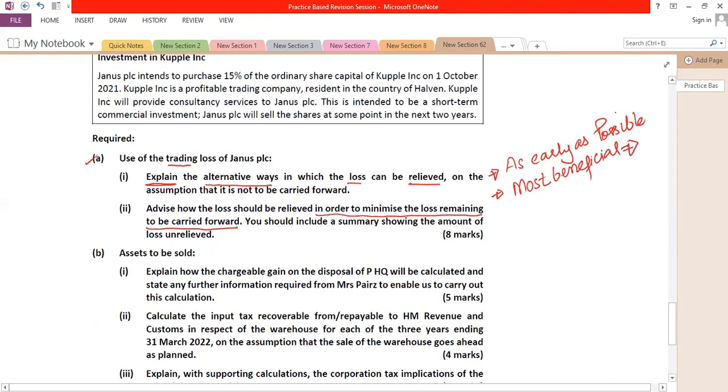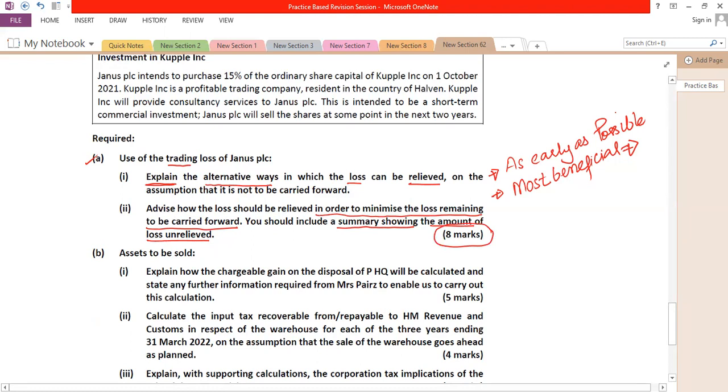But in this part of the question, you are given the task that you should minimize the remaining loss for the forward purpose. And then you should include a summary showing the amount of loss unrelieved. Means you have to calculate, you have to show the memorandum that how you have offset the loss and the remaining loss to be carried forward. Now the worth is 8 marks.